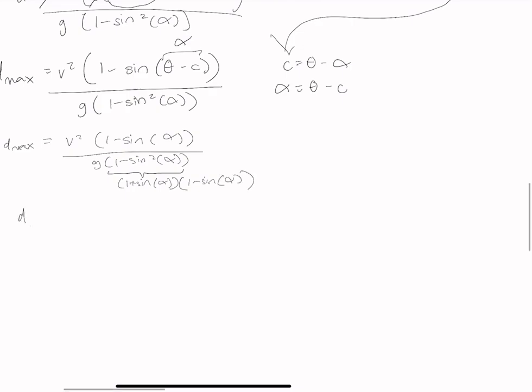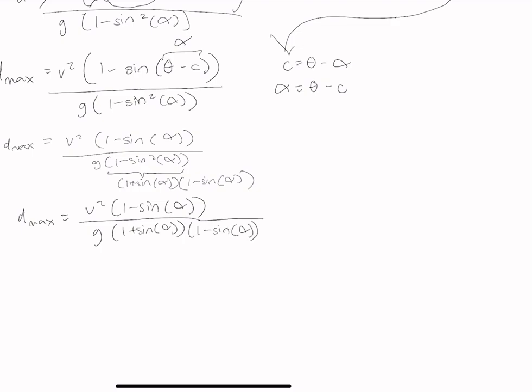So let's rewrite it. We can start canceling it out. This is 1 minus sine alpha on the top, 1 minus sine alpha on the bottom. So we're left finally with v squared on top and g times 1 plus sine of alpha on the bottom.